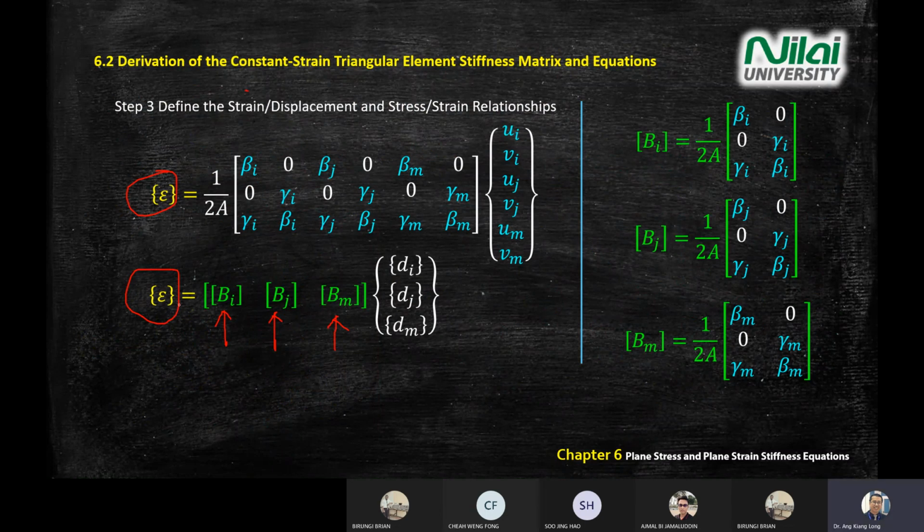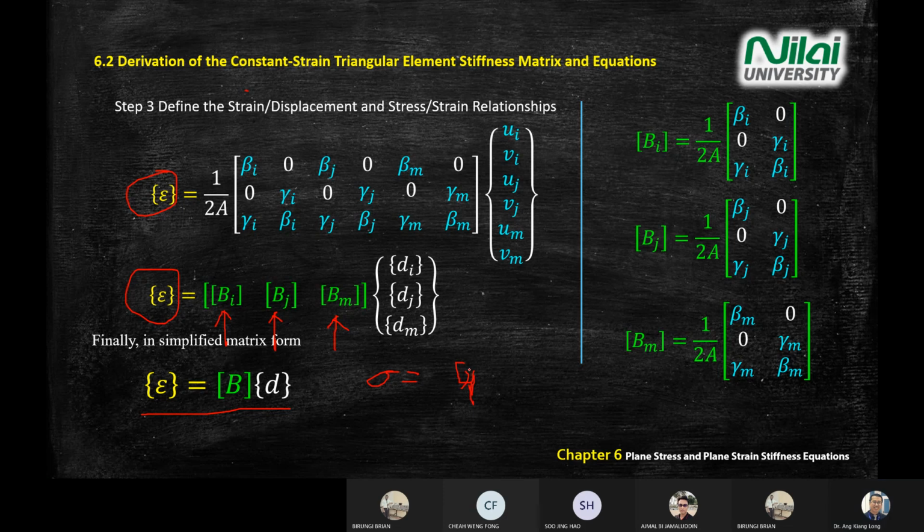So as you can see, for strain, we are using a capital B to represent what they are. So for strain, you have the strain equal to BD. Just now for stress, we were using capital D, times the strain just now. So we are deriving what is strain. Later we are going to substitute this one inside here. It's going to be a very long matrix.